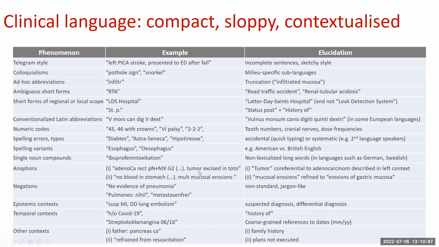So tumor, of course, can be many things, but the important thing is that this word tumor is recognized to have a referent, which is not just a tumor without any further specification, but it is exactly this here as a referent. Or if you have no blood in stomach, blah, blah, blah, and then multiple mucosal erosions, that this is not the nasal mucosa or some other mucosa, but this is this mucosa of the stomach.